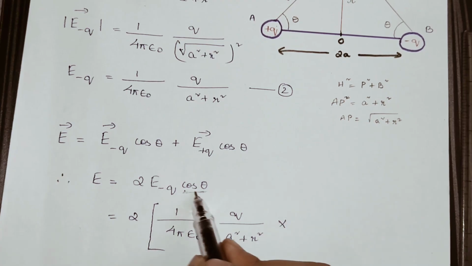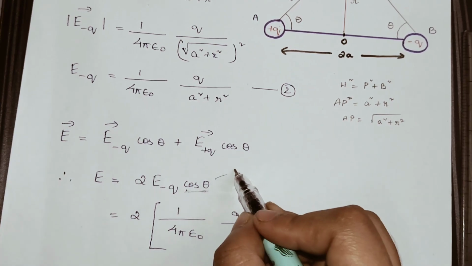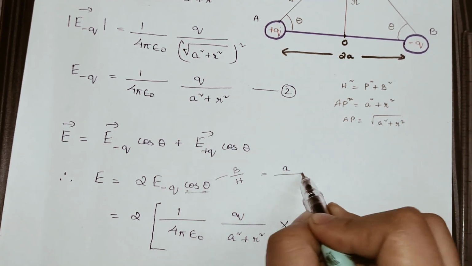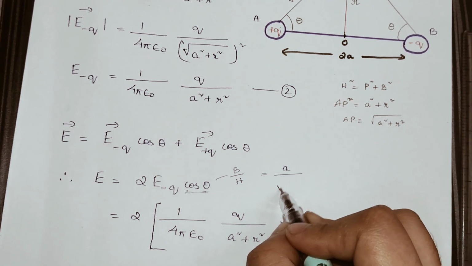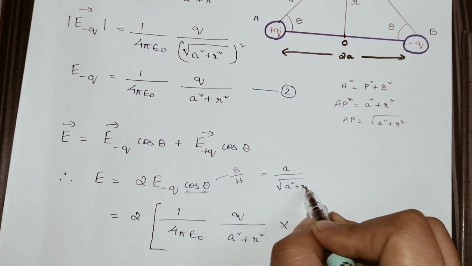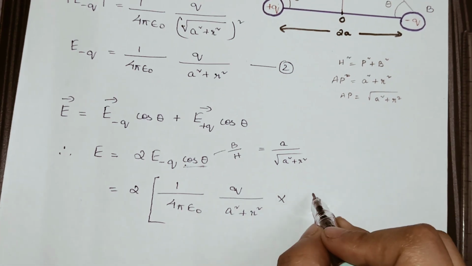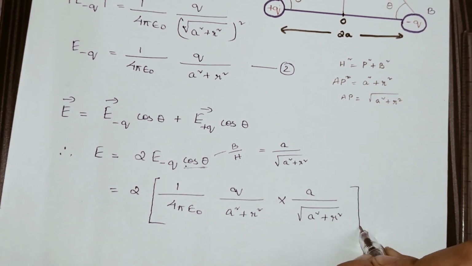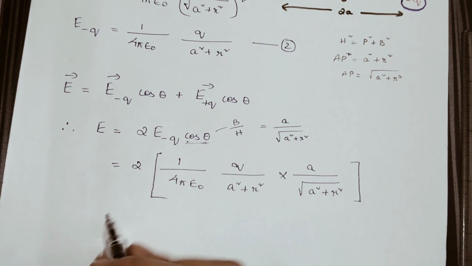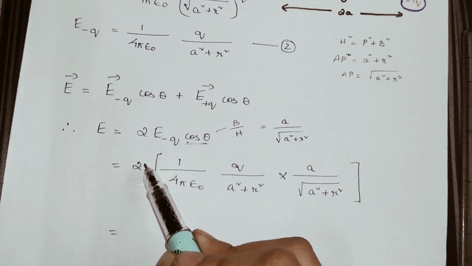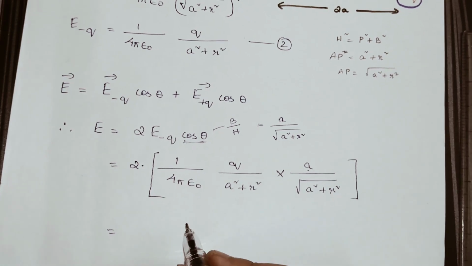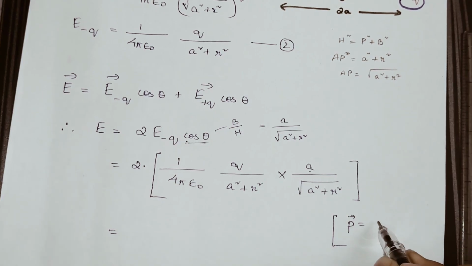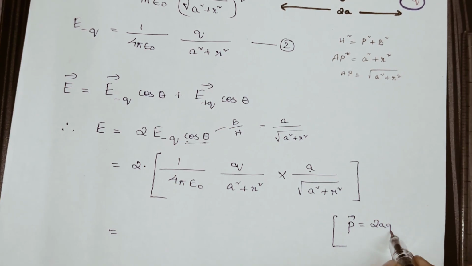Into, we have a cos theta value, and we know that cos is nothing but base by hypotenuse, and my base is a, and my hypotenuse is root over a squared plus r squared, which I will be substituting here: a divided by root over of a squared plus r squared. So from this equation I can see that I'm familiar with this 2aQ, which is nothing but the dipole moment, p vector, which is 2aQ.